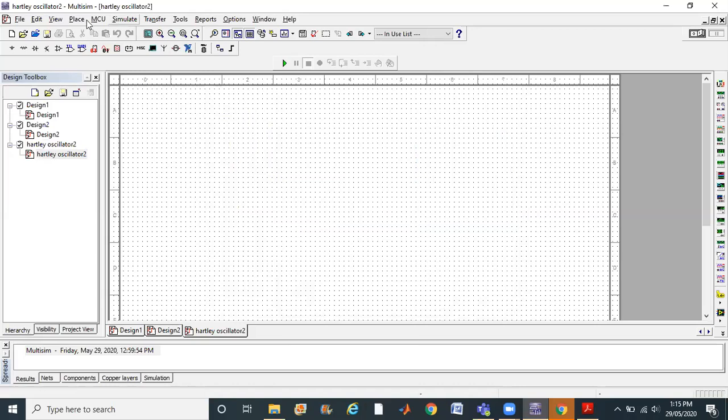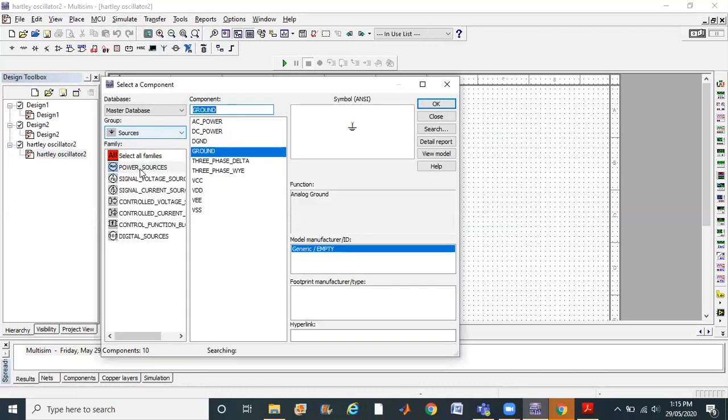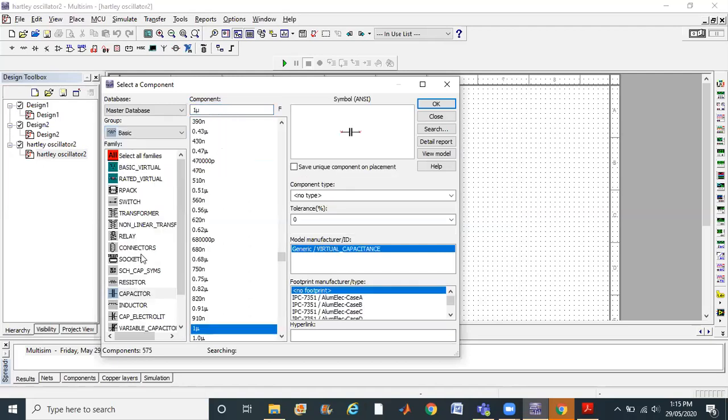Now let's start accumulating all the components. First I'll go with the basic ones.